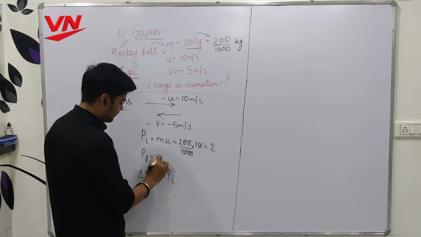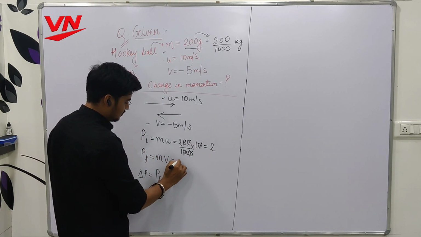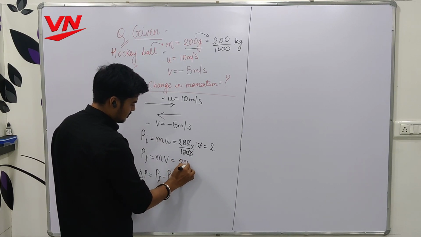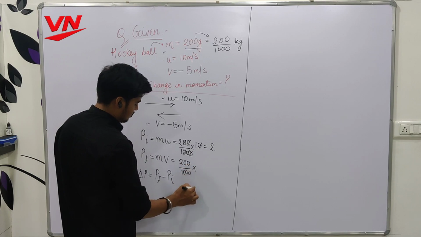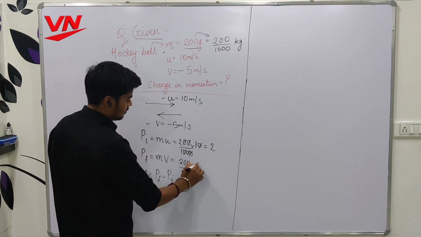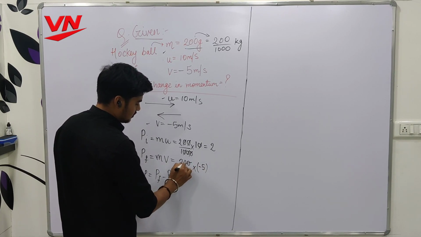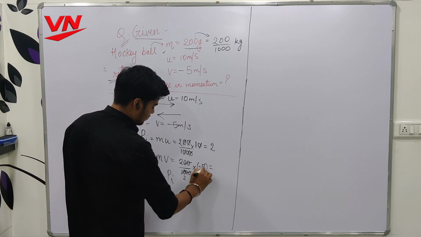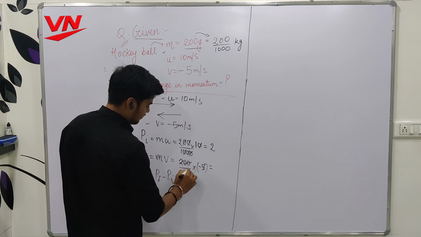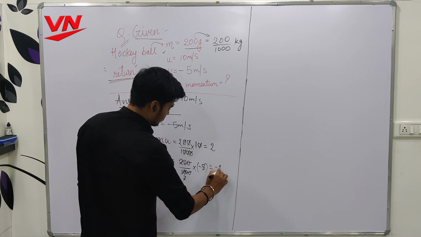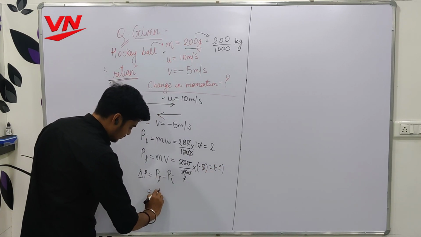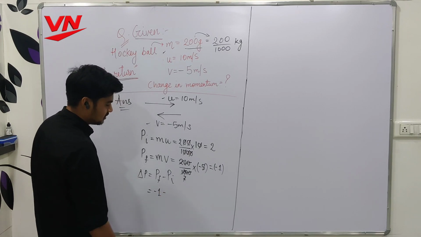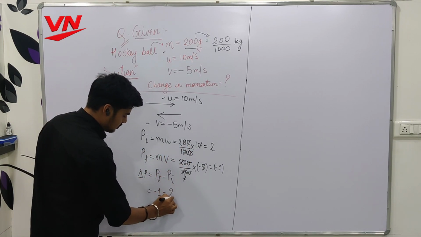Final momentum will be, again, mass 200 by 1000 into velocity minus 5. The zeros cancel. 5 twos are 10, so 2, 2 cancel. What I will get? Minus 1. Final was minus 1, minus initial momentum was 2.